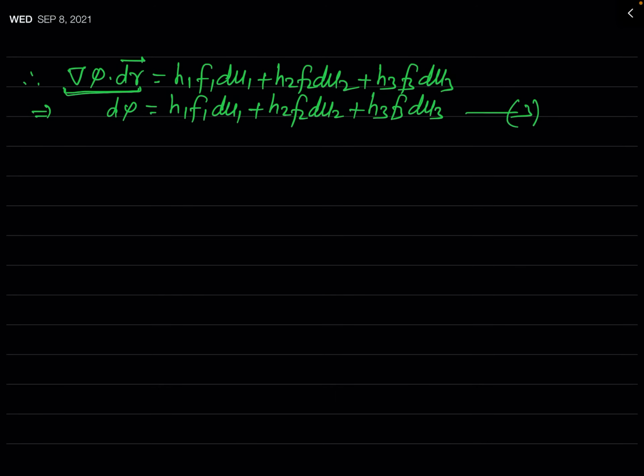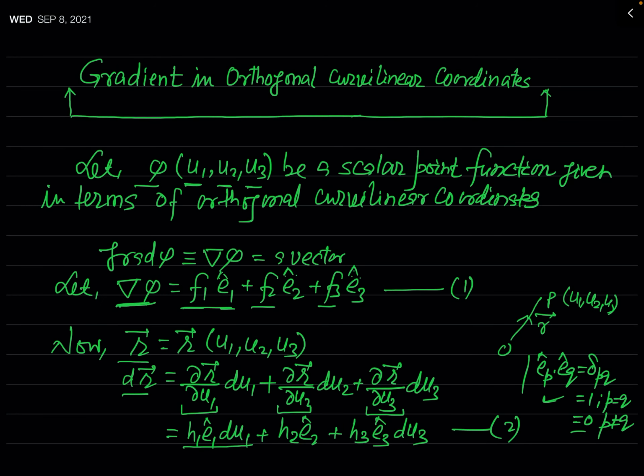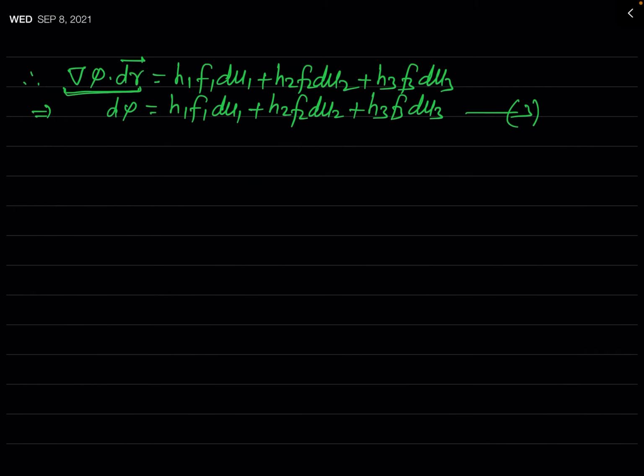Now, you can see that this function φ is actually a function of u1, u2 and u3. So you can also find this dφ in terms of u1, u2 and u3. As φ is equal to φ of u1, u2, u3, from here you can easily find what dφ will be.